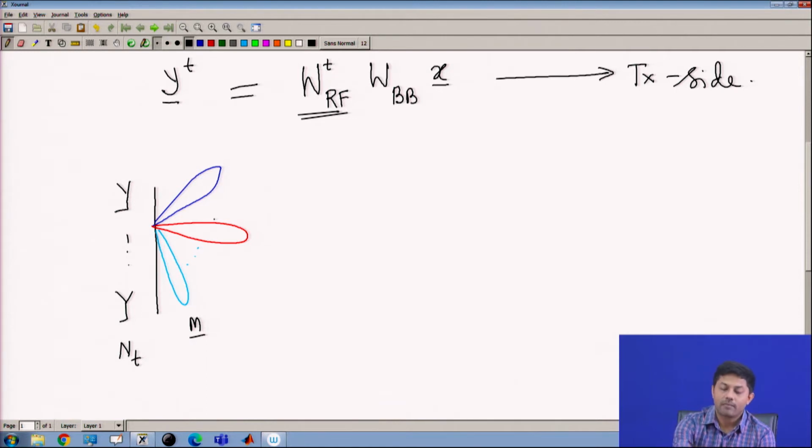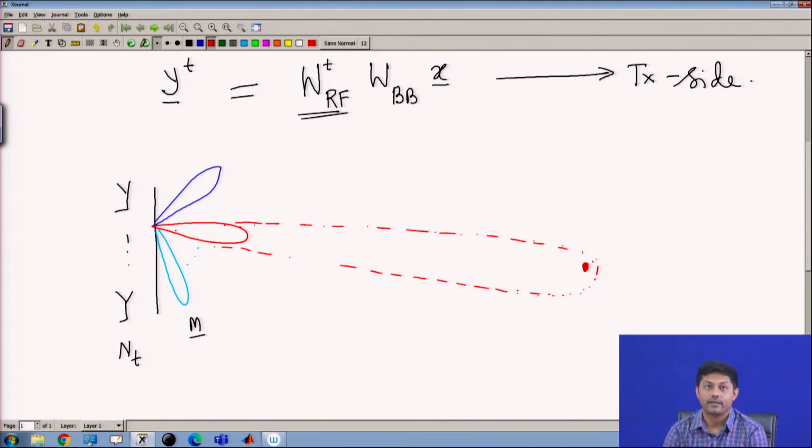For example, I may have one user somewhere here, and most likely this is the beam which will be covering that user. So, when I say channel model for multiple beams, it is with respect to one particular user.